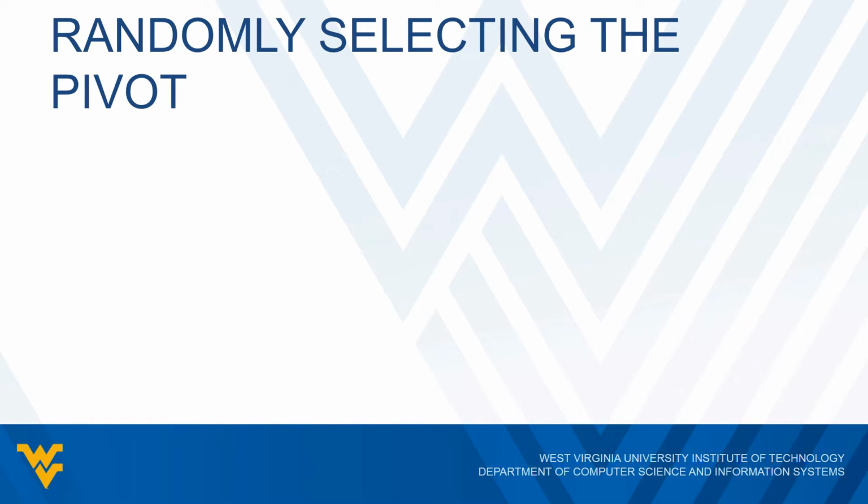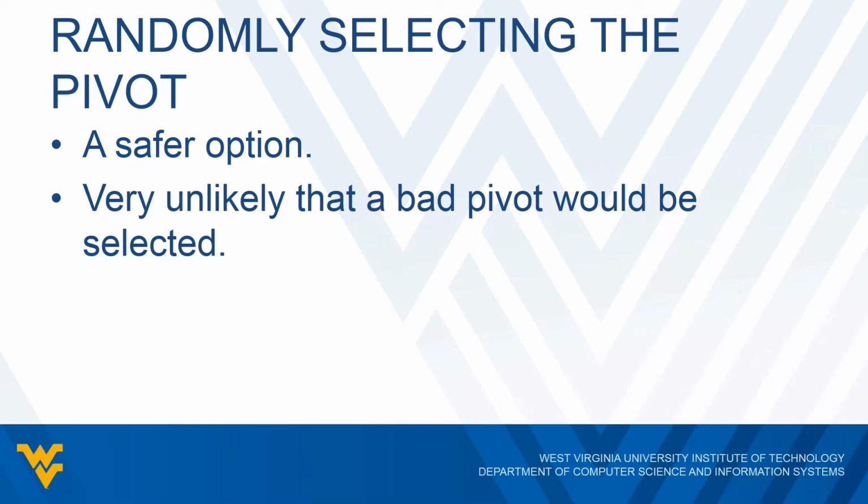Another option is to just randomly select the pivot. And this is actually a much safer option than picking just the first element. Even if the array is sorted and we randomly pick an element, we're very likely to not pick a bad pivot. So we're very unlikely to get that bad pivot if we do random selection.